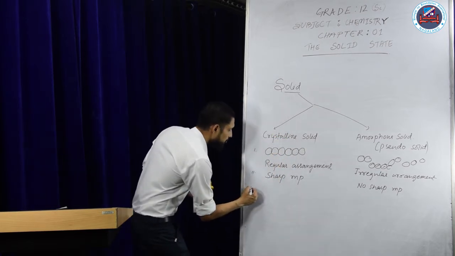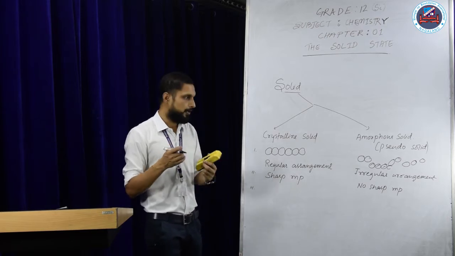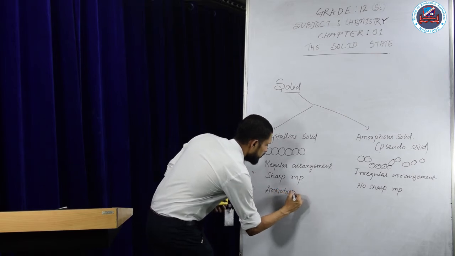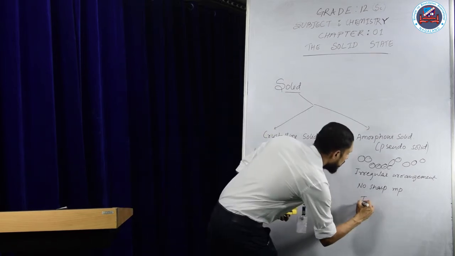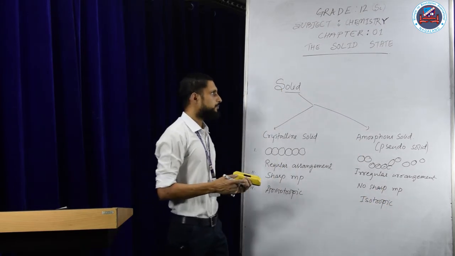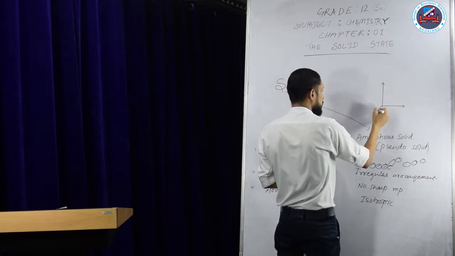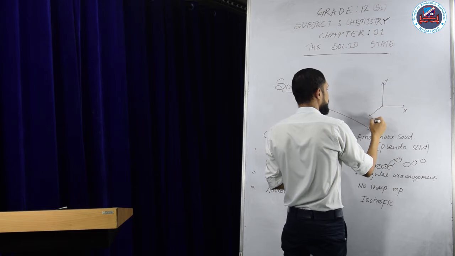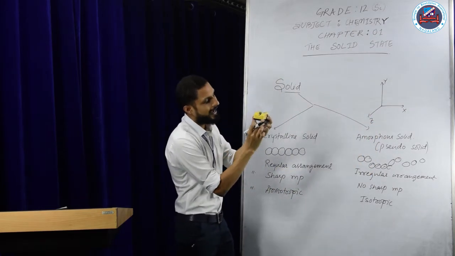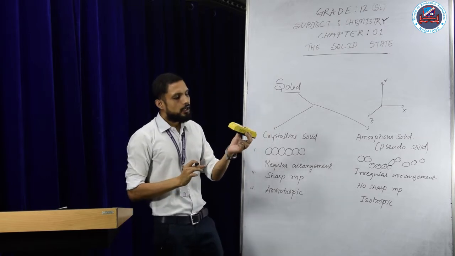Now the third point is based on direction, also known as directional property. Crystalline solids are anisotropic, whereas amorphous solids are isotropic. Now what is meant by anisotropic? We know in a solid the particles are arranged along three different axes, x, y, and z. Say this is a solid, this is the x-axis, y-axis, and this is the z-axis.